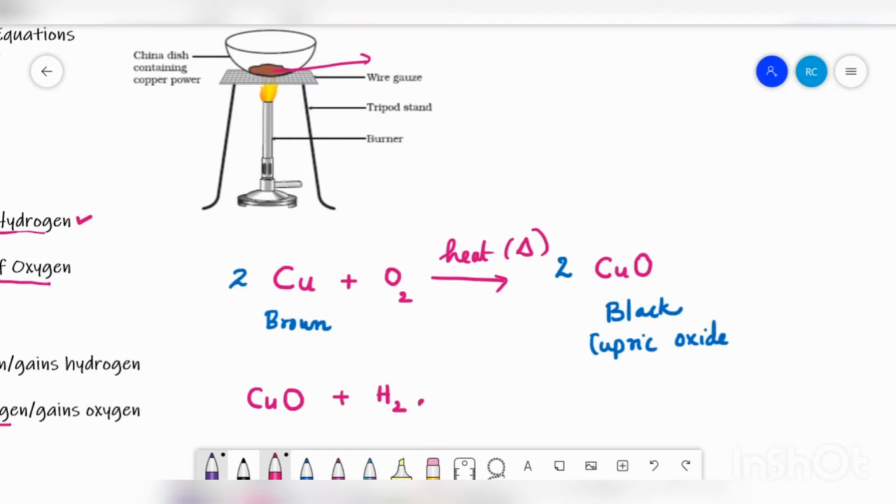Cupric oxide, as you know, is a solid substance. In this reaction, cupric oxide will give its oxygen to hydrogen, and it is converting to copper itself. And this hydrogen is combining with the oxygen, so you will get H2O.